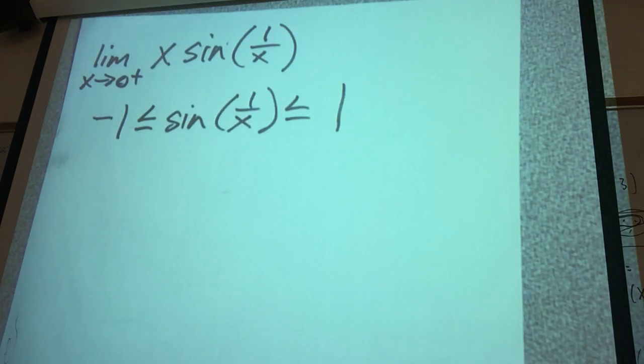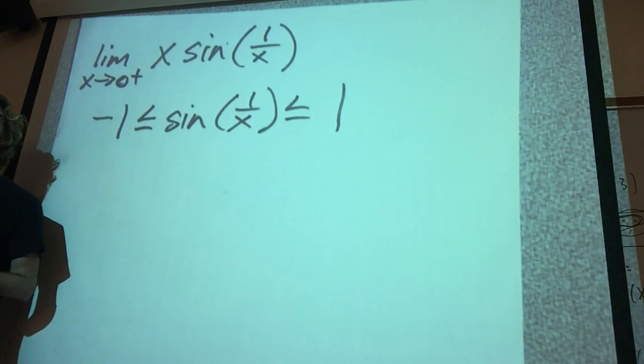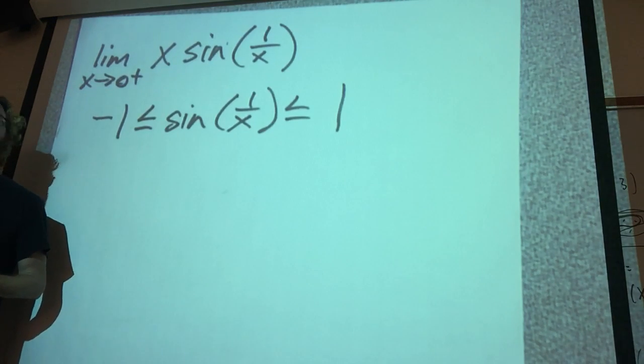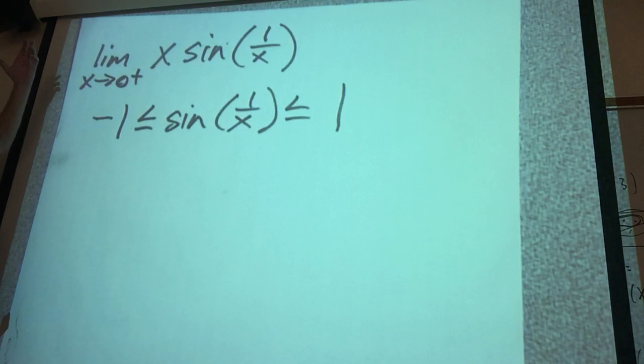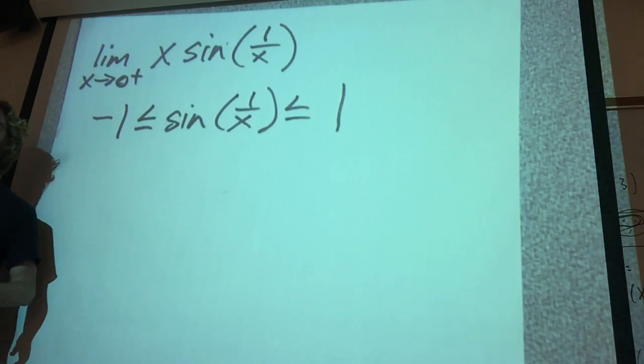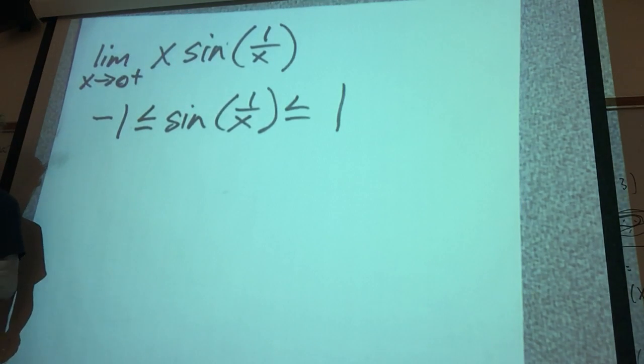This is not exactly what I want to investigate right here, but this is a natural inequality to begin with for this type of problem. It's bounded in that way, giving us a natural inequality.